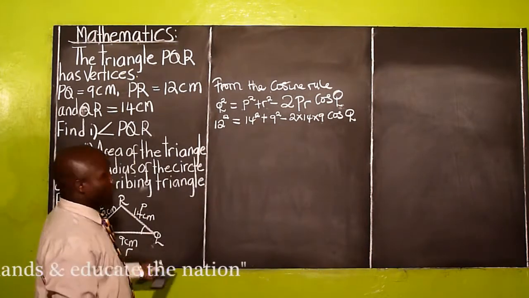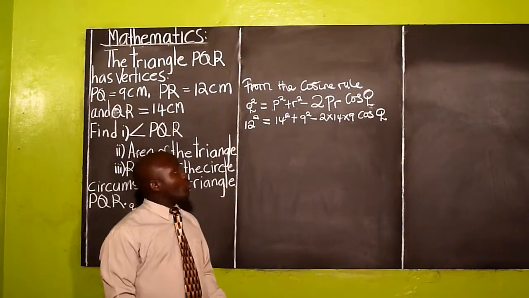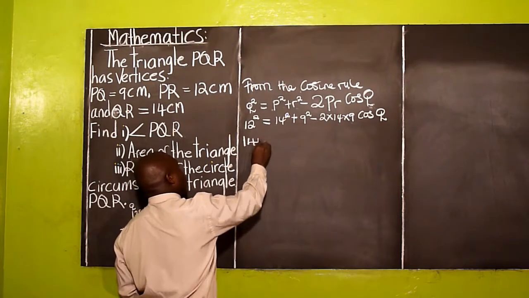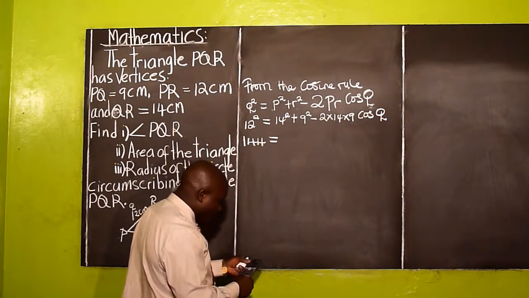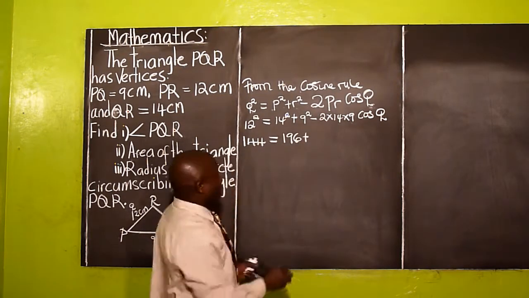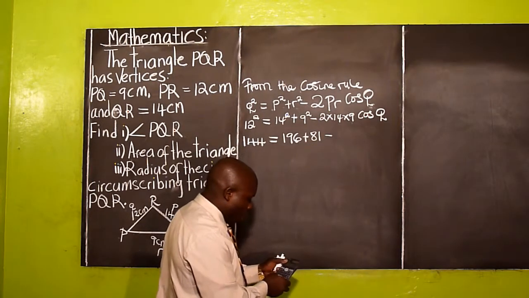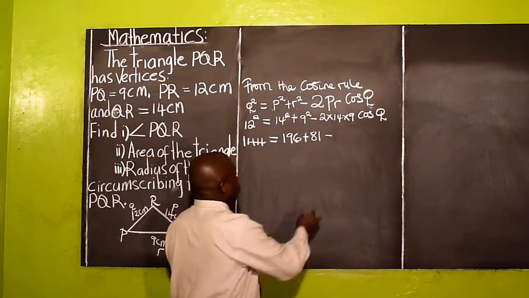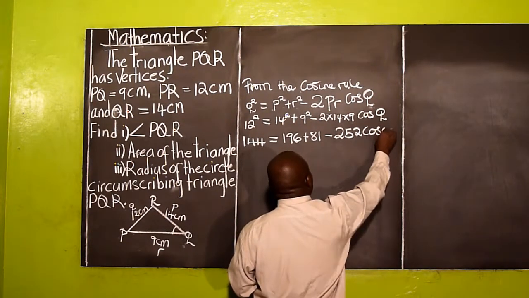So we are going to get 12 squared. 12 squared simply means 12 times 12, not 12 times 2. And 12 times 12, when you use your calculator, you get 144, equaling 14 times 14, giving us 196, plus 9 squared, giving us 81, minus 2 times 14 times 9, giving us 252 cosine of capital 2.